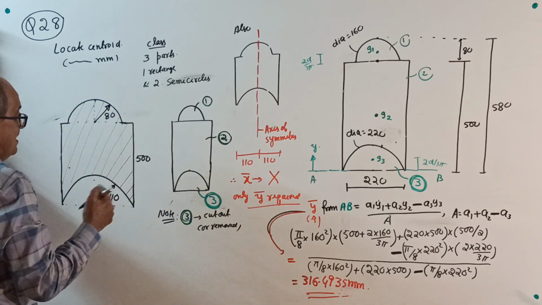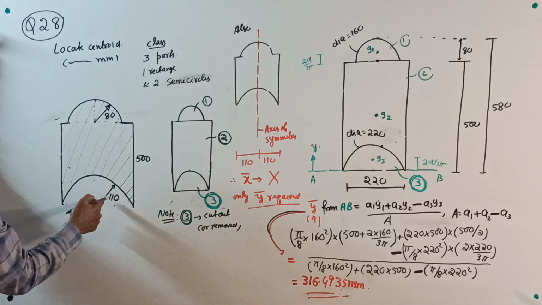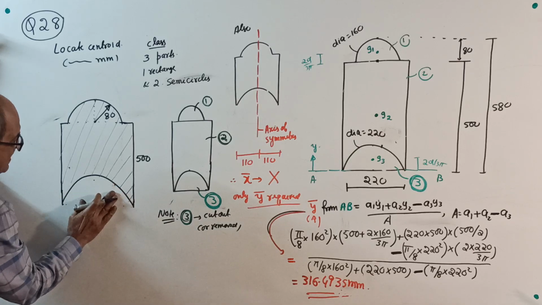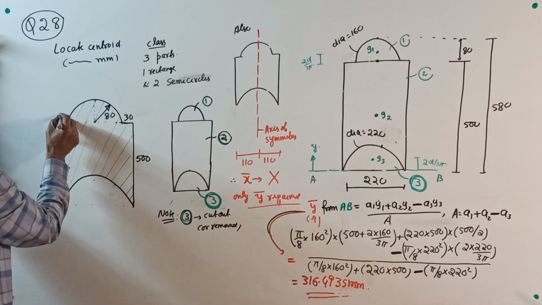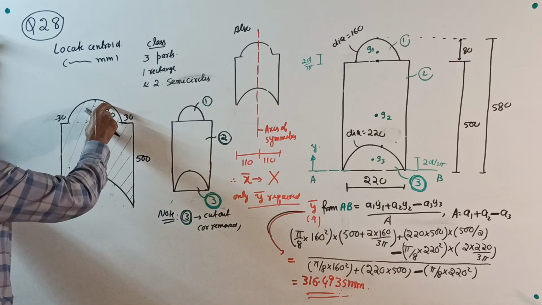In the question, they may not give this 110; they can give you 30 here and 30 here. Then this 80 is fixed.